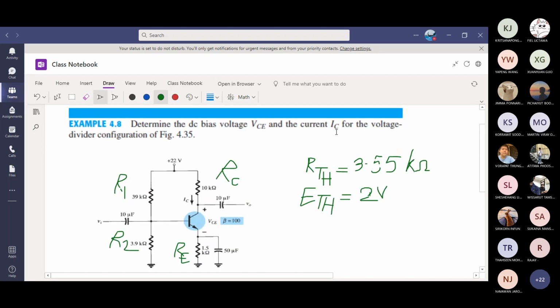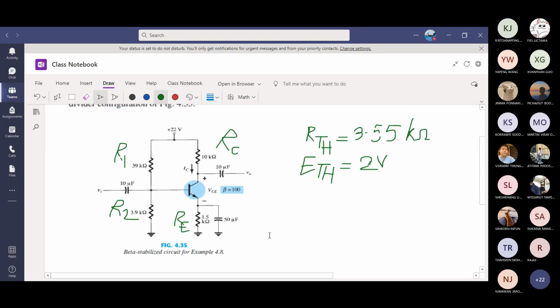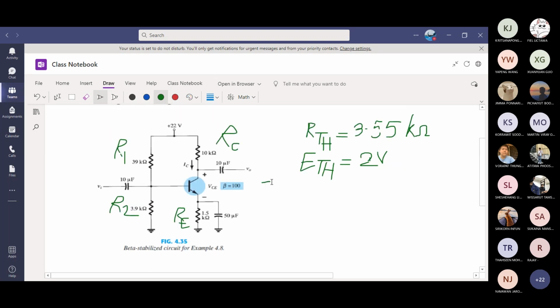It is asking me to find IC and VCE. Without IB, we cannot go any further, so next we need to find IB. Now I can write the equation for you if you are confused. It is ETH minus VBE.